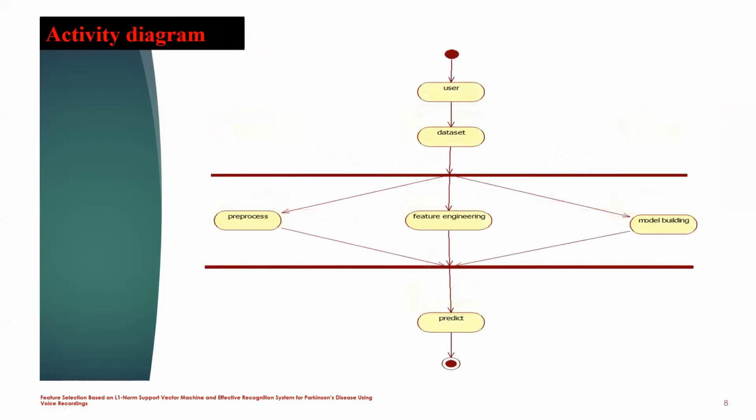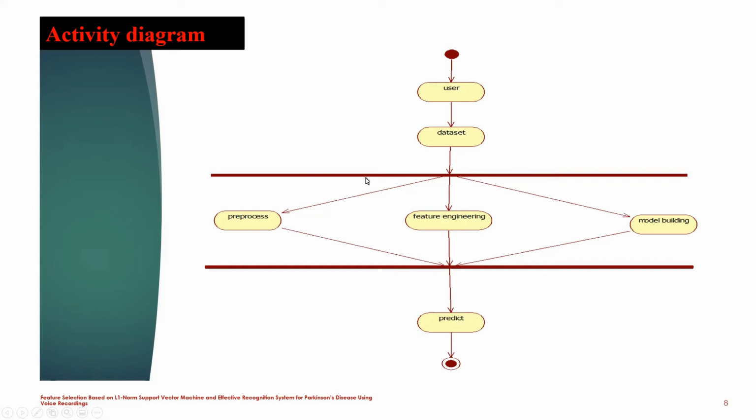This is the activity diagram. An activity diagram usually presents a series of actions or a flow of control. This one is begin, this one is end, and this is an activity. This is the action flow. This is the synchronization bar.